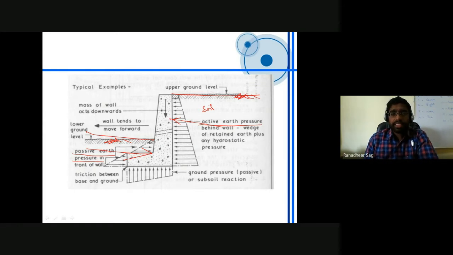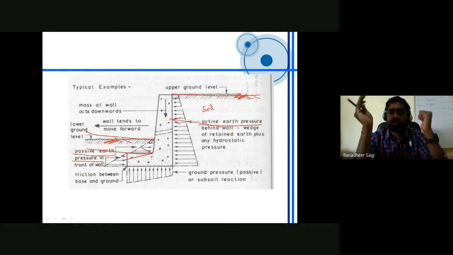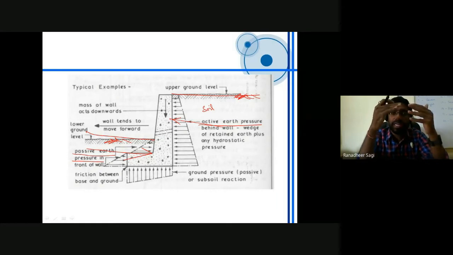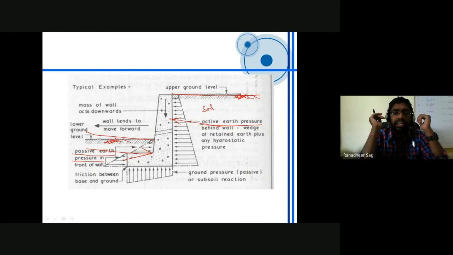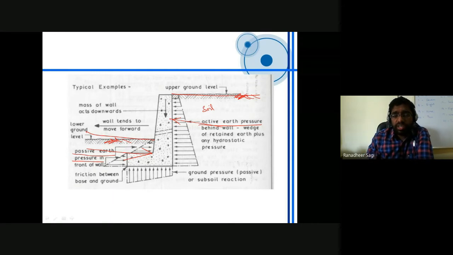Load initially gets transferred from the soil onto the retaining structure, and from the retaining structure, ultimately the load has to be transferred onto the soil on which that retaining structure is being constructed. So even the soil would offer some reaction.